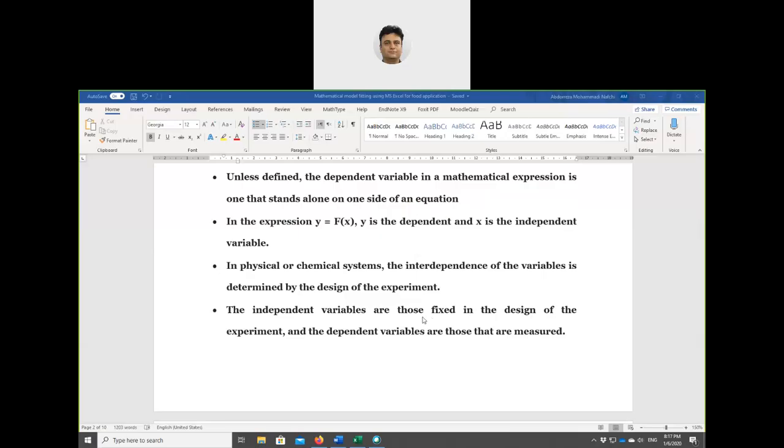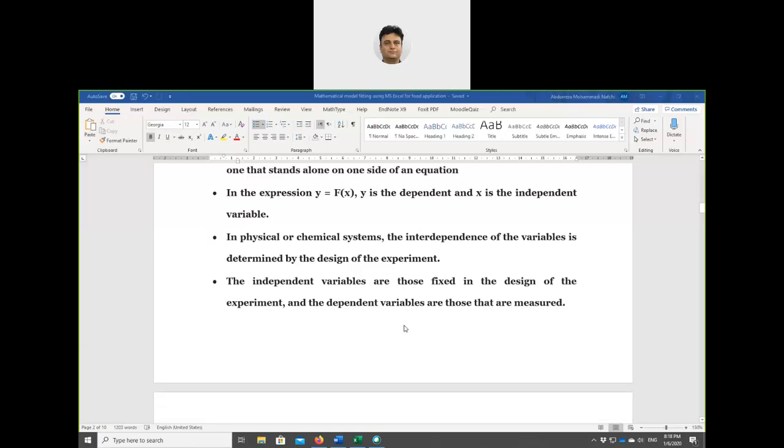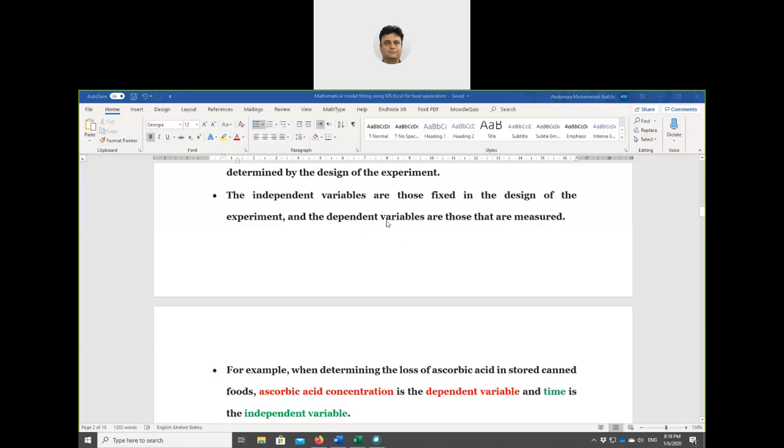For example, we fix the concentration of some additive, and then we measure everything we can measure. Every characterization that we measure is a dependent variable. So the dependent variables are those that we measure.